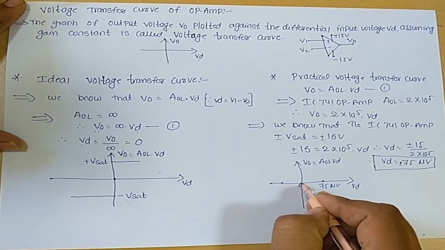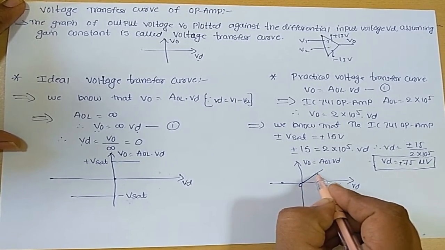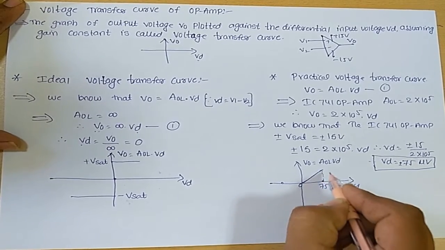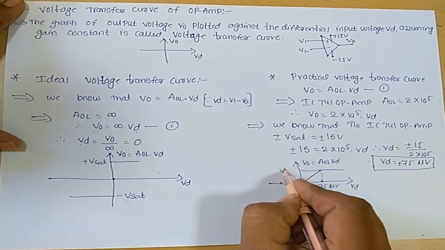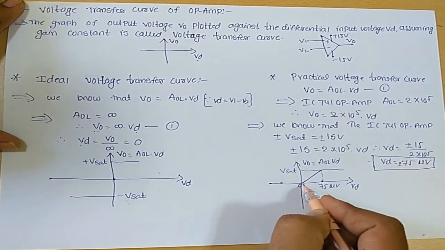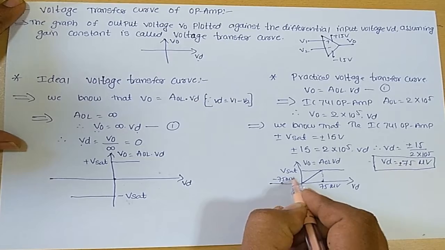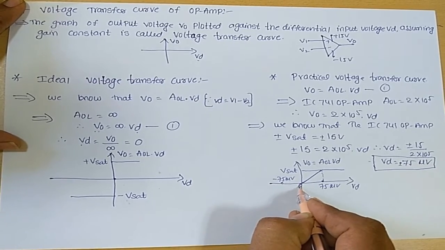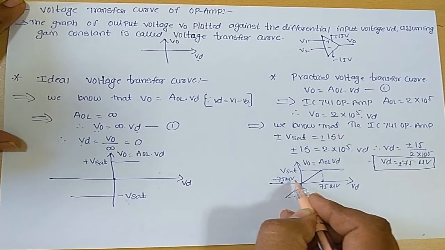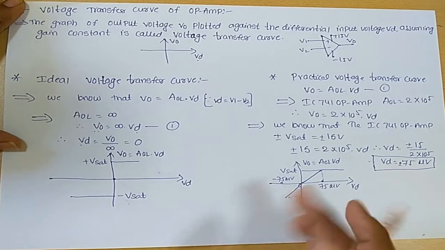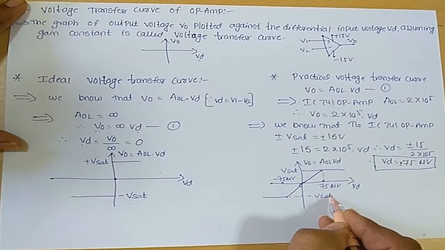It means that from 0 up to 75 microvolts of differential voltage, the output voltage varies linearly. After this point, the output voltage is constant, which we consider as the saturation voltage. Similarly, on the negative side, from 0 to minus 75 microvolts, the output voltage varies linearly. After minus 75 microvolts, the output voltage is constant, which we consider as the minus V saturation voltage.